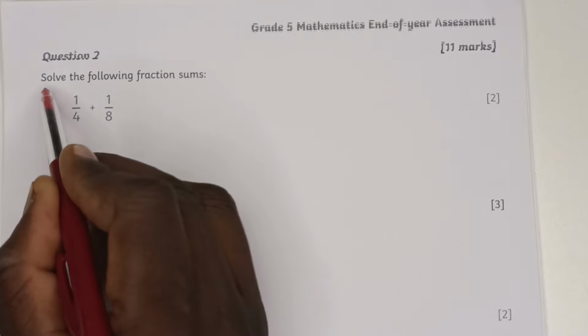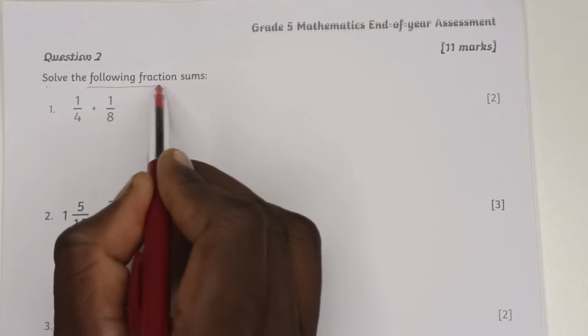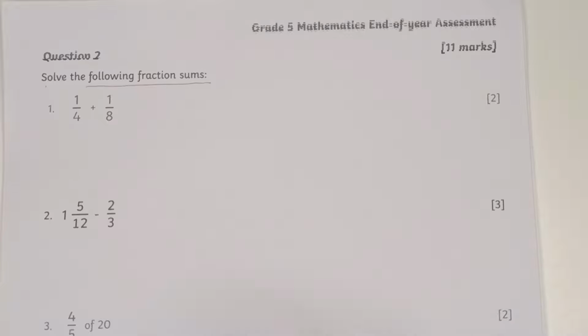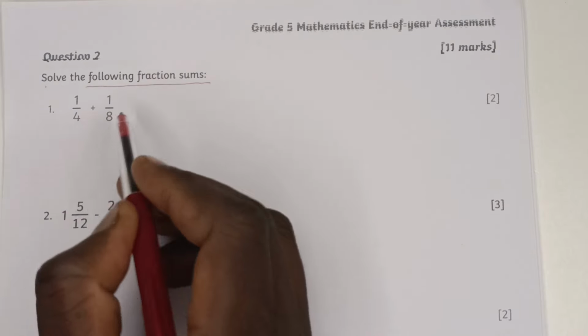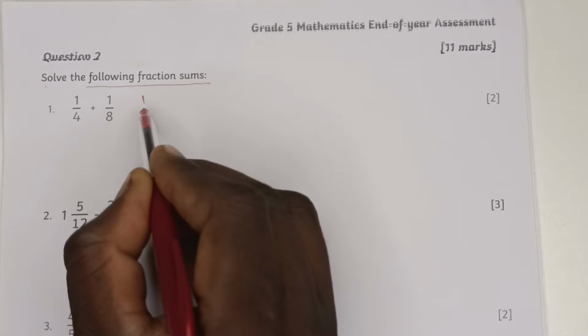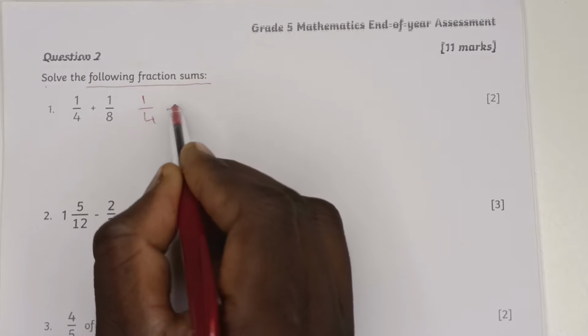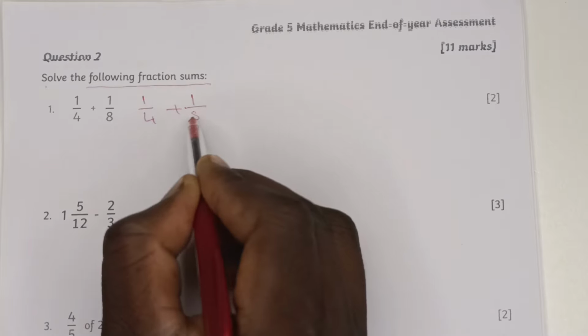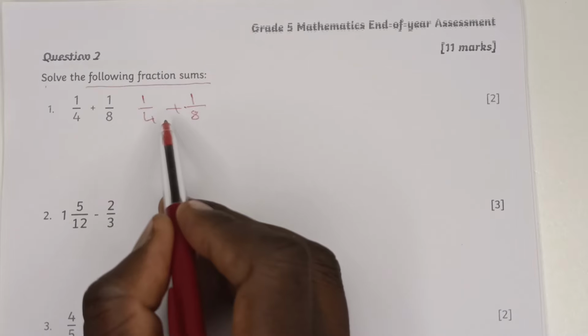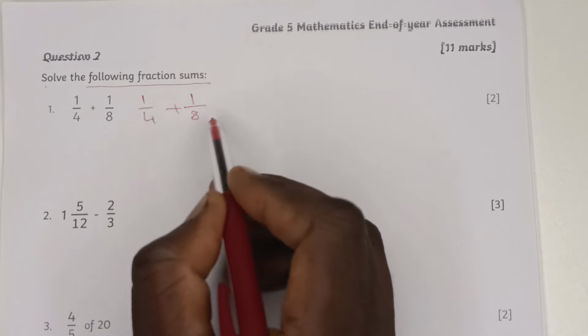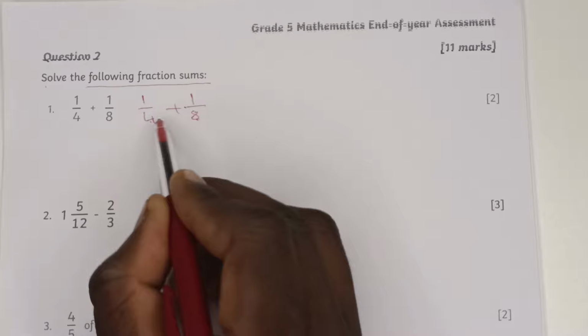Question 4 says, solve the following fraction sums. So these are fraction sums. You solve them. 1 over 4 plus 1 over 8. Every time when you find an equation like this, what you do is look at the denominator.